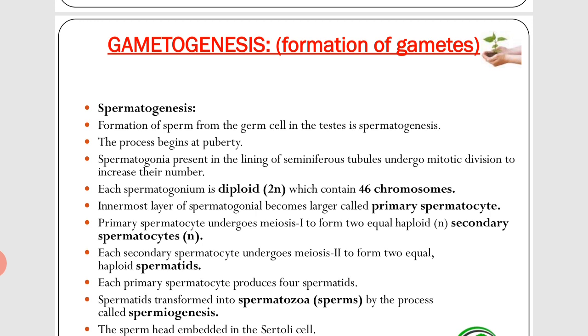Listen once again: each seminiferous tubule will be lined by germinal epithelium, which will be made up of two types of cells, namely primordial germ cells and Sertoli cells.